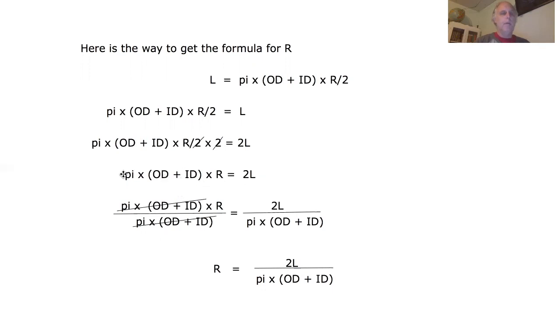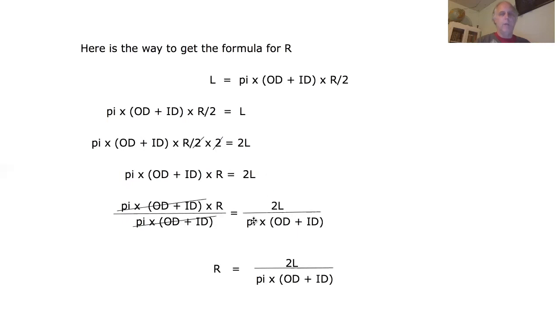Now we need to somehow get rid of this pi times (OD plus ID). Well, if R is being multiplied by this value, we simply divide by that value, and then we can get R all by itself. So indeed, we take this value and divide by pi times (OD plus ID).